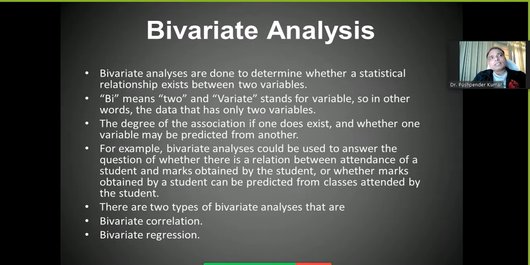In research design, we discussed how to collect data, what kind of sampling method we need to use, what the sample size should be, and whether it will be through a questionnaire or some other method. And then you need to see whatever data you have collected, whether it is univariate, bivariate, or multivariate data, and accordingly you go for analysis.